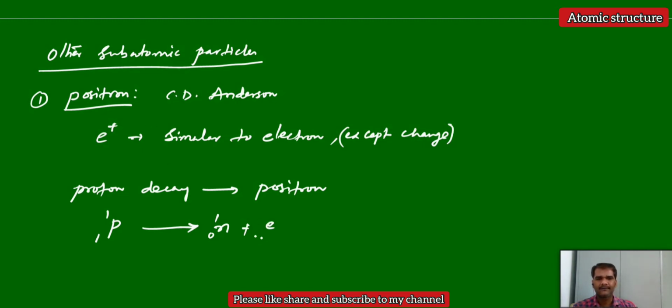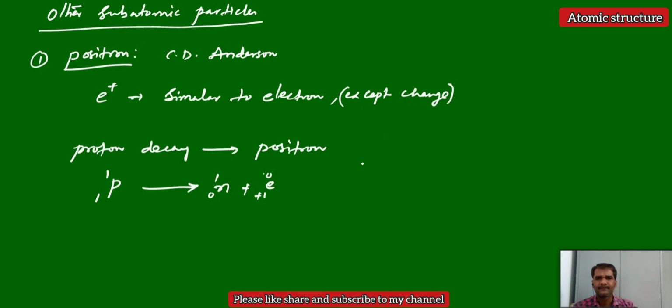And positron is having one atomic number and mass is almost negligible compared to the proton. Overall, you can balance it. Here mass 1 plus 0 is 1 and atomic number 1 plus 0 is 1. So, like this positron can be emitted. This much information is enough about the positron. Just who discovered it, how it looks, and what the properties are.